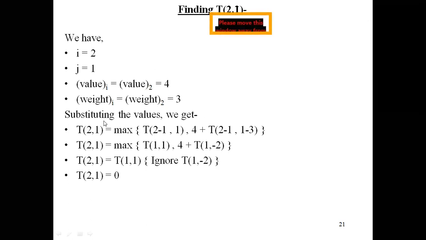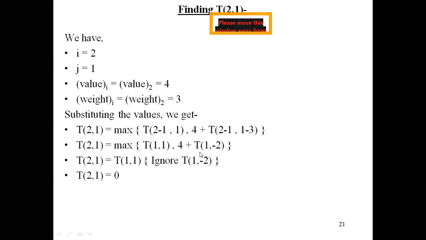Now substituting the values, T of 2 comma 1 is equal to maximum of T of 2 minus 1 comma 1, comma 4 plus T of 2 minus 1 comma 1 minus 3. Just place in the formula, substituted in the formula, you will get this expression. Now maximum of T of 1 comma 1, comma 4 plus T of 1 comma 1 minus 3, that is minus 2.